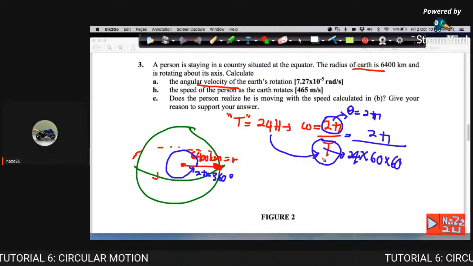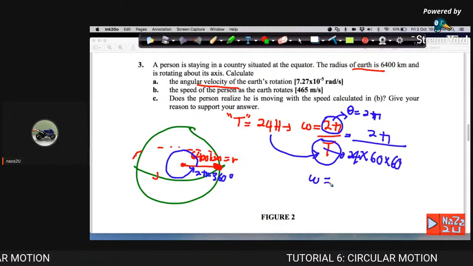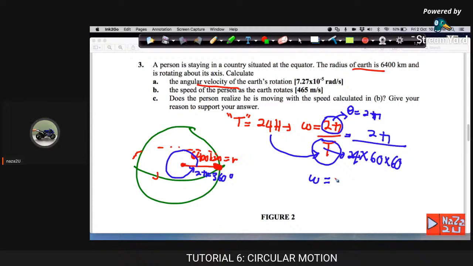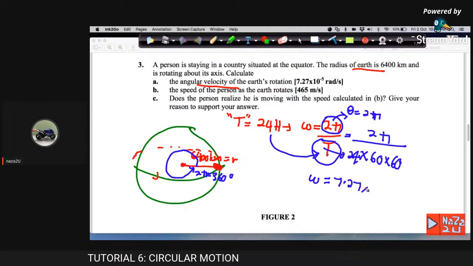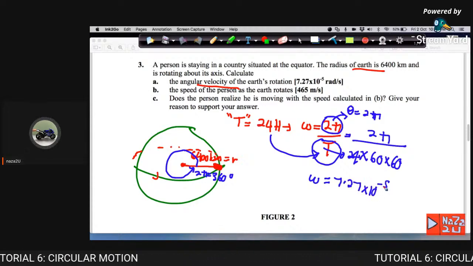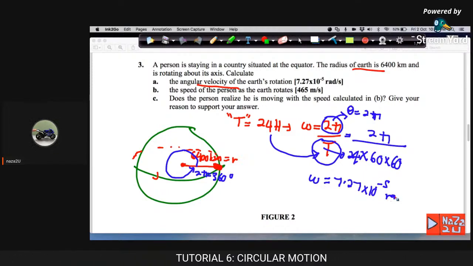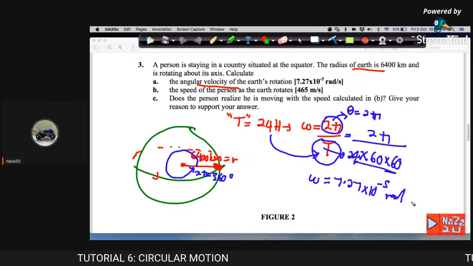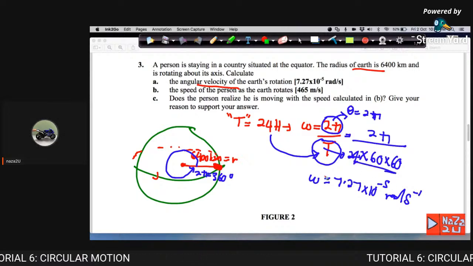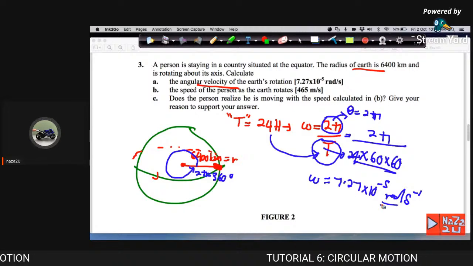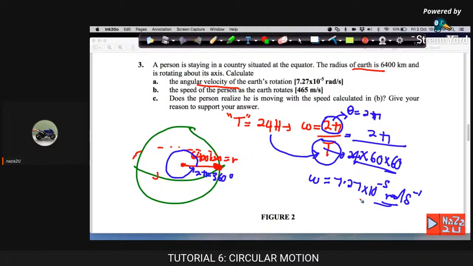So now the omega here is equal to, so you can use the calculator, is 7.27 times 10 power of minus 5, because the unit for the 2 pi here is radian. And this is a second time or period T, so unit for the omega is a radian per second. So we have 7.27 exponent minus 5.